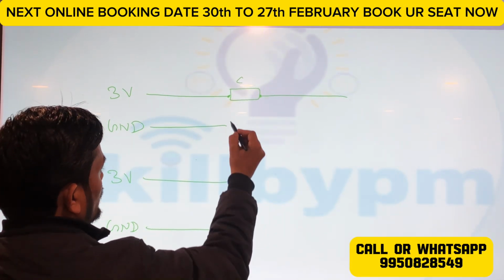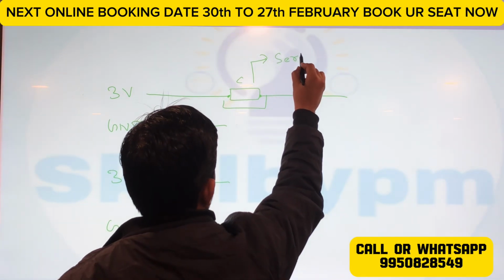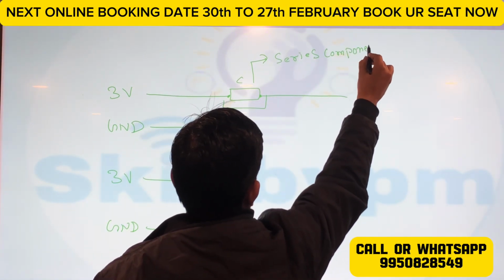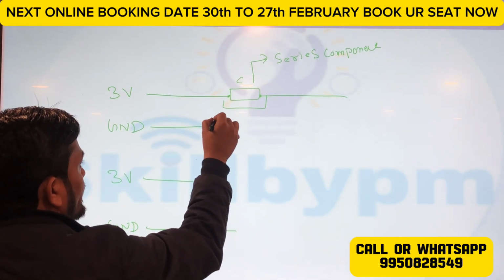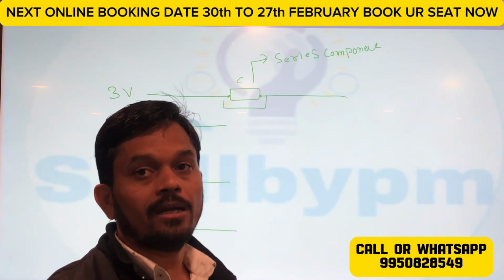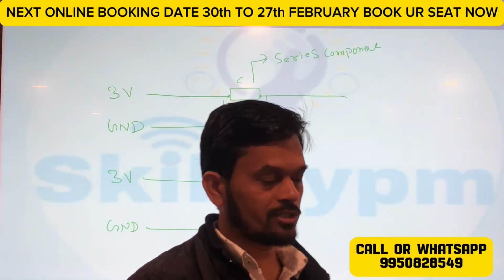It means this component is called a series component. And this component is not connected to any other line. Both points are connected with a single line. It means this component is a series component.